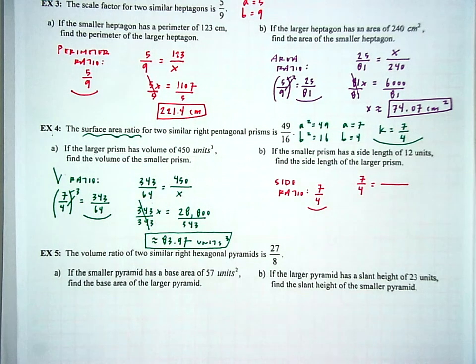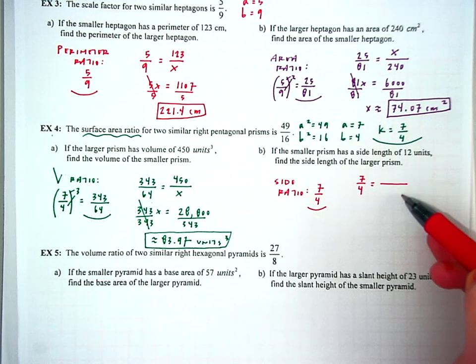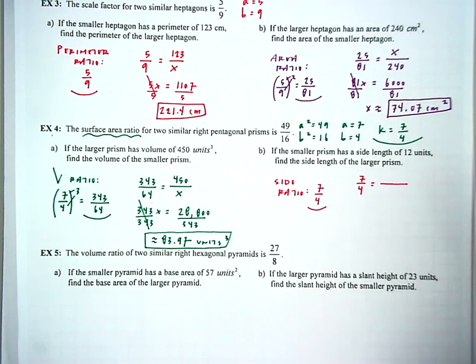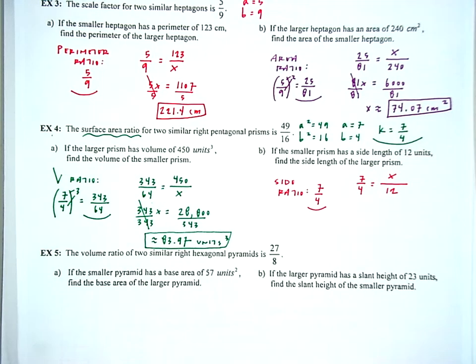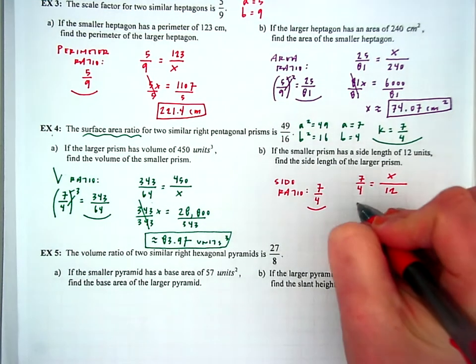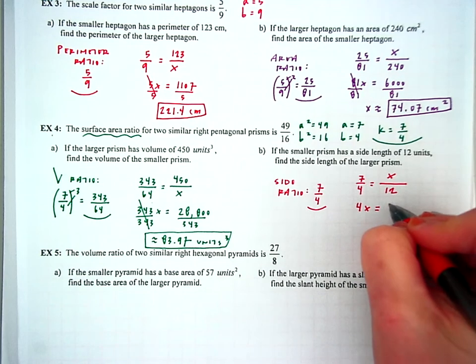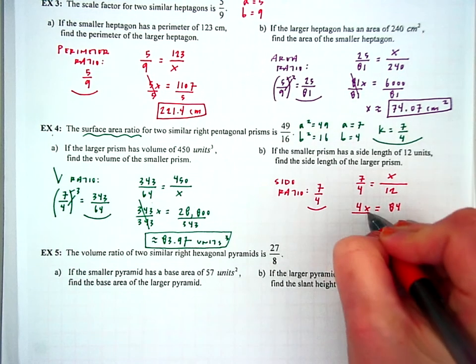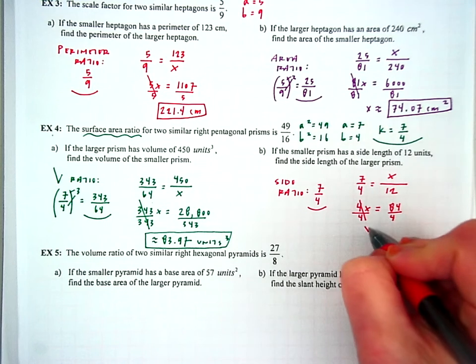I need to build my proportion off of that. So here I know that this is 7 to 4, just as the smaller prism has a side length of 12. I have it stacked as large to small, so I need it large to small here as well. The large is what I don't know, so I have x and I have 12.